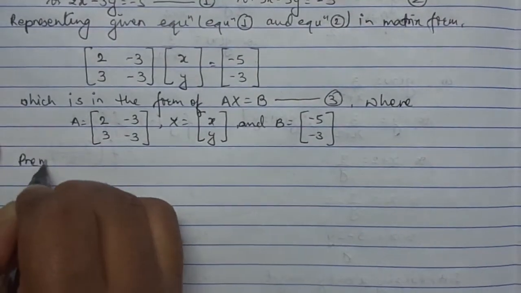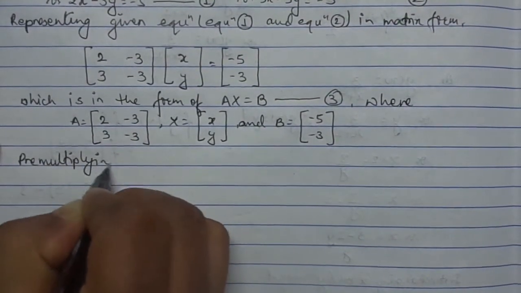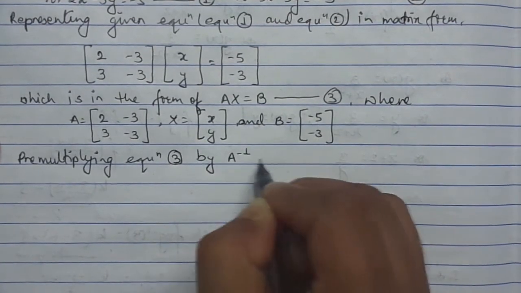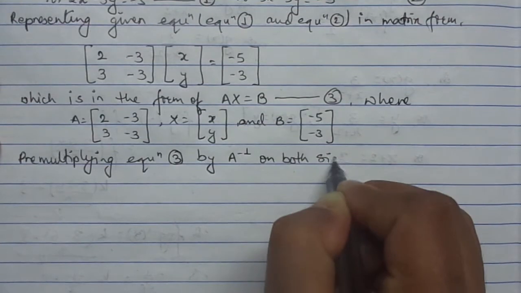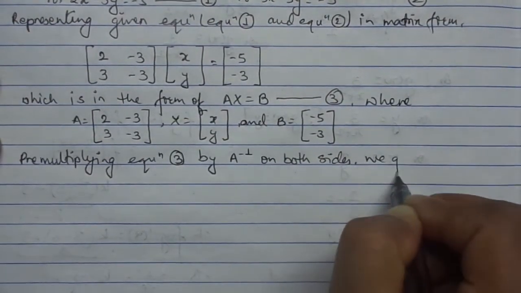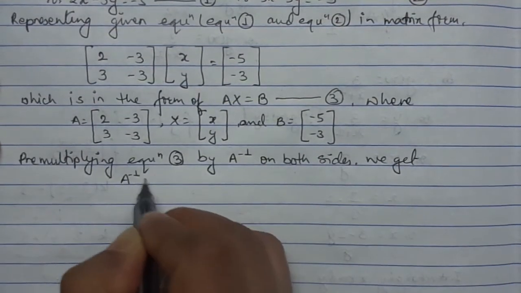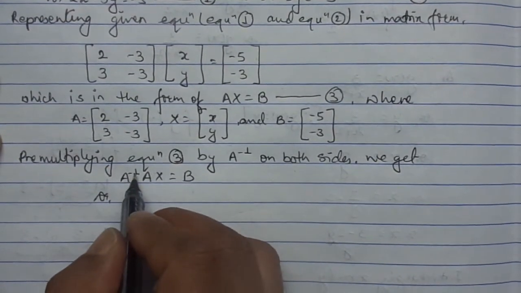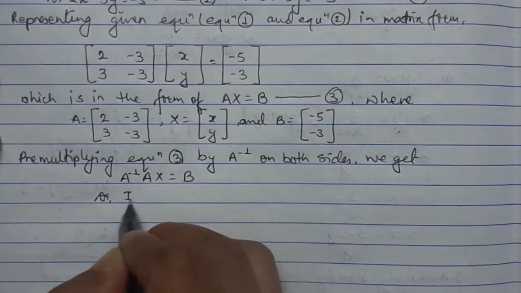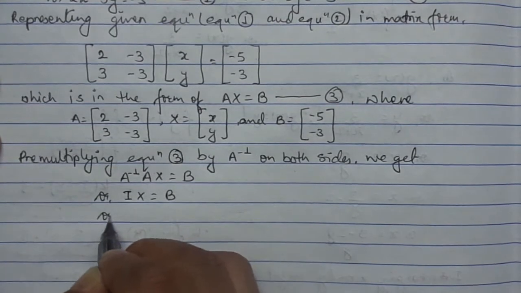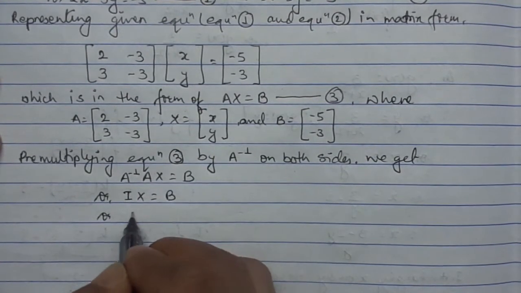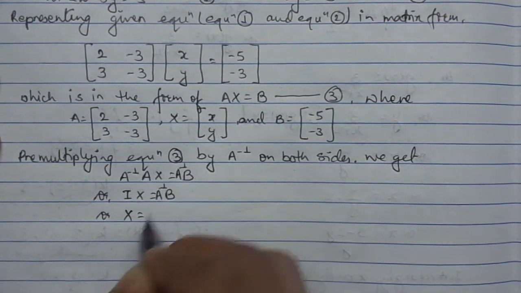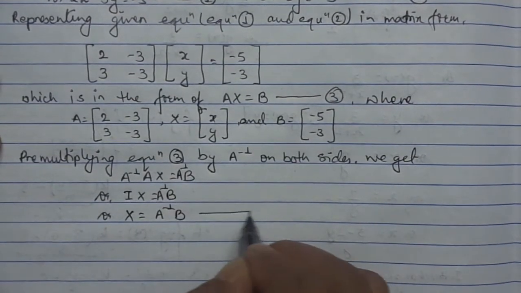Pre-multiplying equation 3 by A inverse on both sides, we get A inverse A X equals A inverse B. In matrix multiplication, A inverse into A is the identity matrix, and the identity or unit matrix with a matrix gives the matrix itself, so X equals A inverse B. Let it be equation 4.